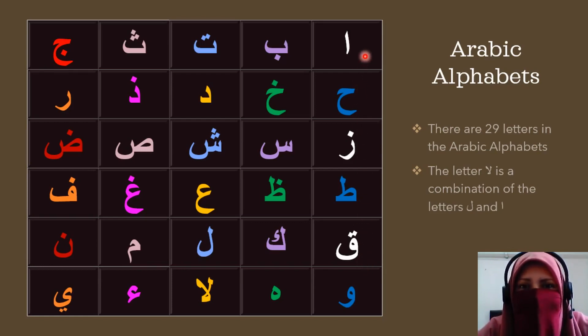Here we have Alif, Ba, Ta, Tha, Jim, Ha, Kho, Dal, Zal, Ra, Zay, Sin, Shin, Sod, Dot, Ta, Dha, Ain, Ghain, Fa, Qaf, Kaf, Lam, Mim, Nun, Waw, Ha.